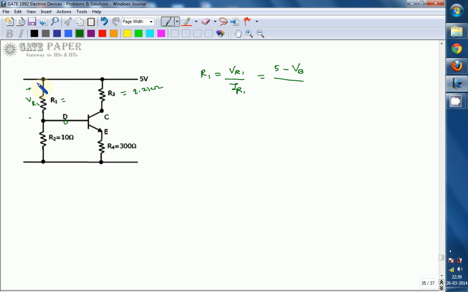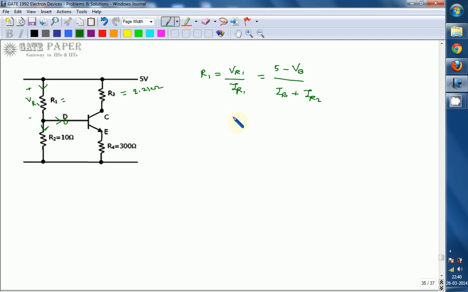IR1 is the current flowing through it. It is the sum of the base current plus the current flowing through R2, so we can write it as IB plus IR2. IB is known, that is IC by beta. IC value is given, beta value is also given.